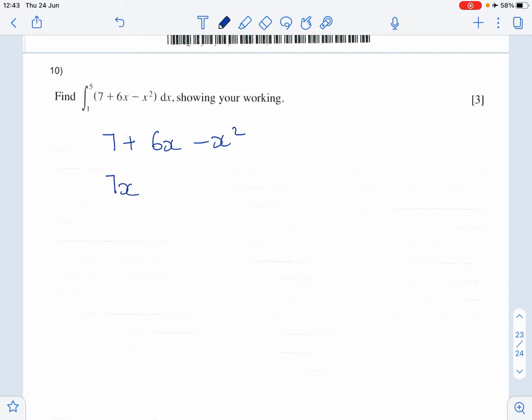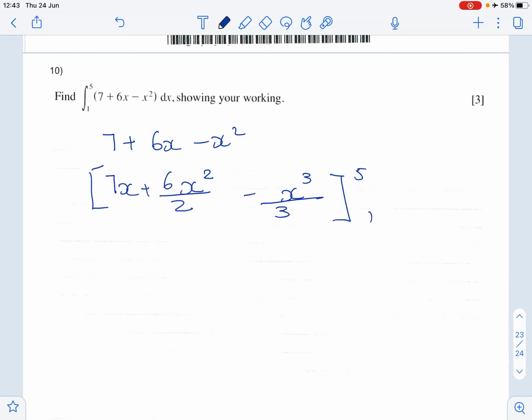Then remember, we add one to the power of x, so x becomes x squared, then we halve it, so 6 over 2. Again, for the next term, we add the power, so it becomes x cubed, then we divide by the new power. And this is with the limits 5, 1.